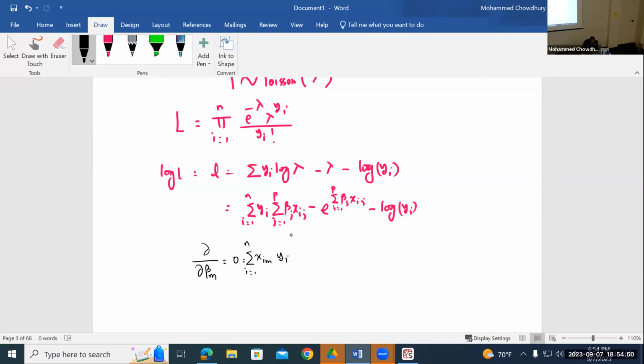Then we again have the differentiation of e to the power sum of beta_j x_ij, and here we are computing over this.